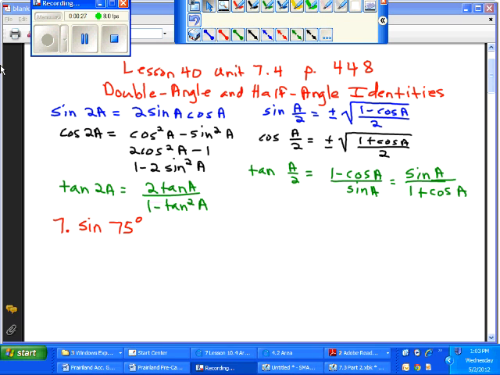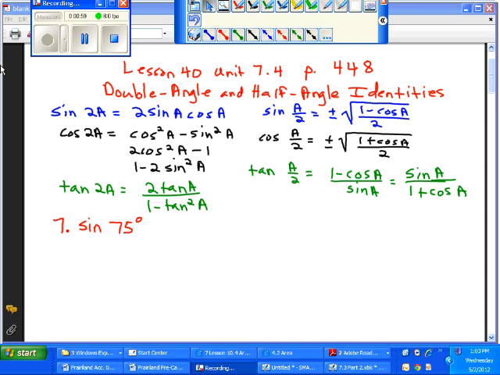Well, if something's not 30, 45, 60, or a quadrantal angle, we really don't have that memorized or know how to deal with it without going to the calculator and punching it in and getting some rounded answer. If we're in search of exact answers, then we need to go back to those memorized 30, 60, 45, 90 numbers. And so that's what we're going to try to do even with the double and half angle identities.